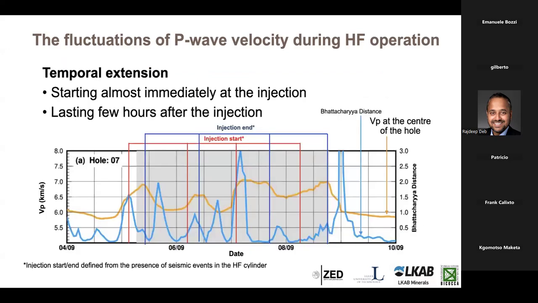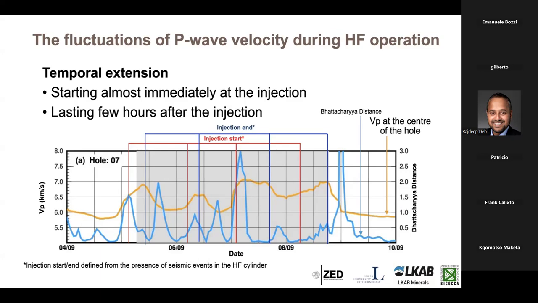How long does it extend in time? This plot shows you the P wave velocity at the center of the hole in orange, and the Bhattacharya distance in light blue. This is a time series showing all the days, before and after the hydrofracturing. The hydrofracturing moment is the gray area.